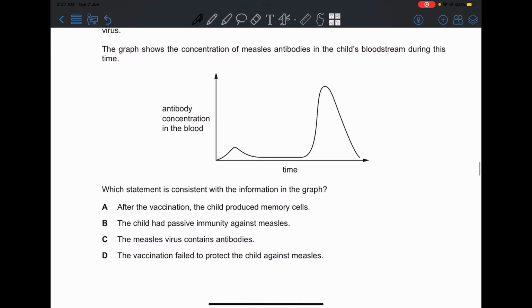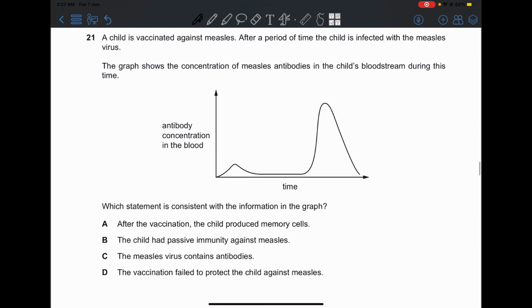Now we know that vaccination produces memory cells. Those memory cells help to produce antibodies and help to protect your body if you are infected with this measles virus or whatever virus in the future. So it will produce a large number of antibodies to protect your body from this disease.